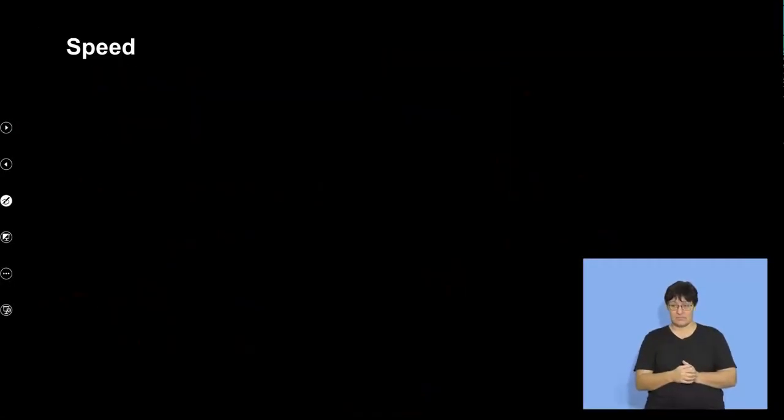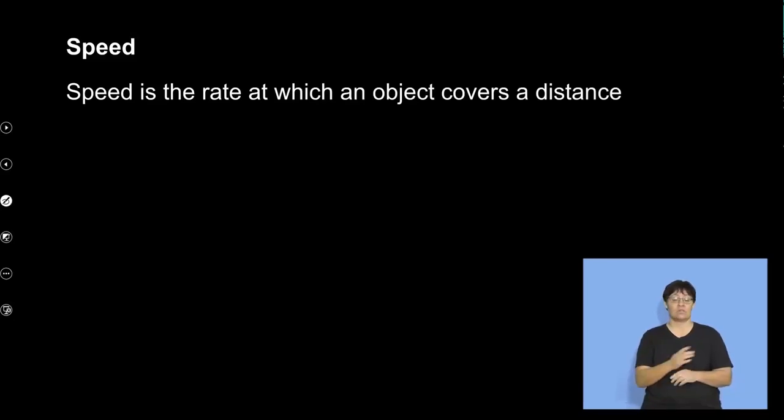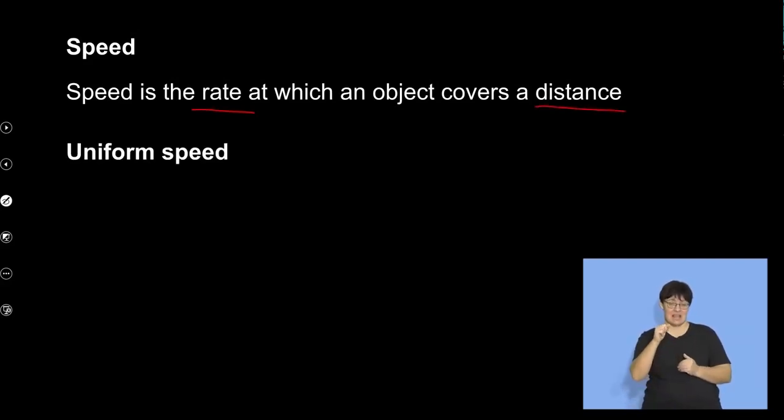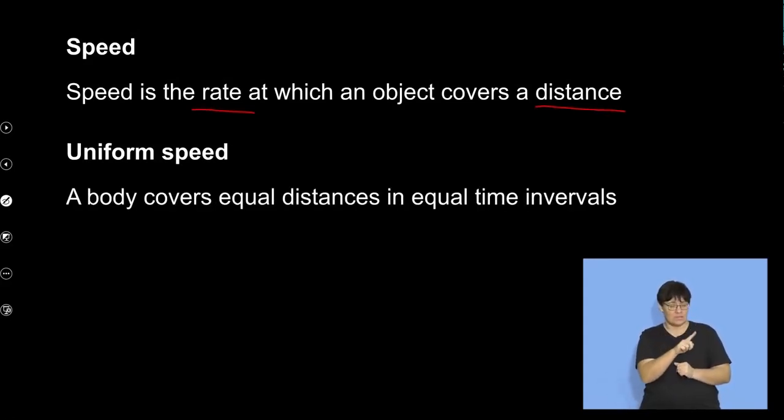So, speed is the rate. Rate means divide by time, at which an object covers a distance. Remember, distance is a scalar. Uniform speed, which is not what the runner would have had, my walker, okay, means that the object, not a person, covers equal distances in equal time intervals.